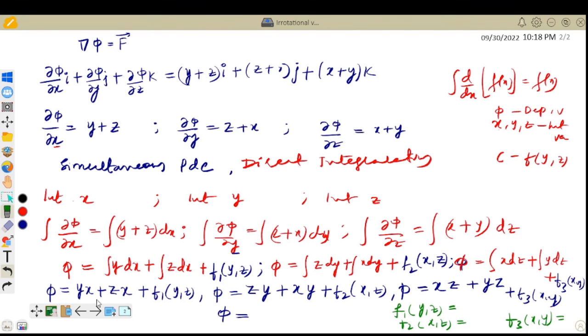Fine. Look at the first φ, it contains xy. The second value also contains xy, but the third value of φ does not contain xy, but it contains f3 of xy. So you can take f3 of xy as just xy, then xy is present in all three. Write xy here.